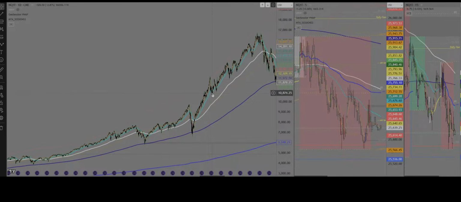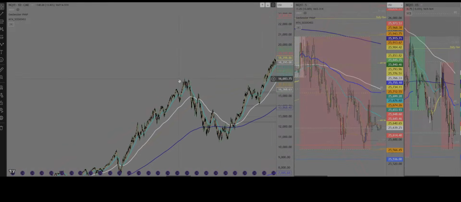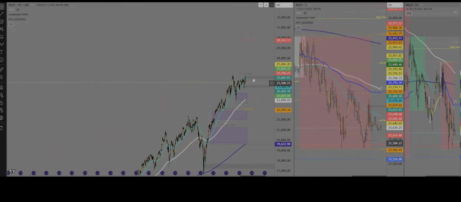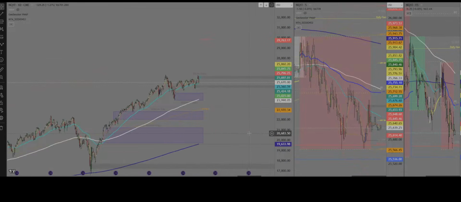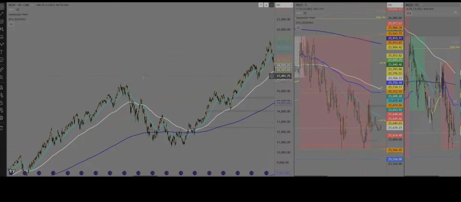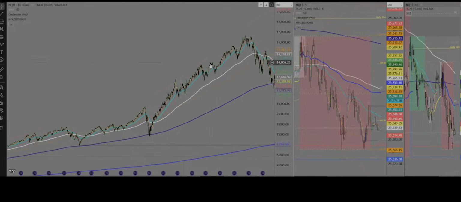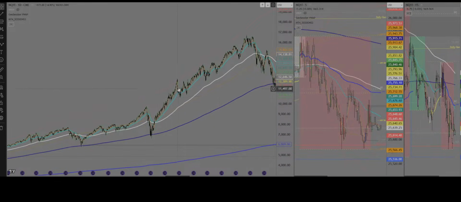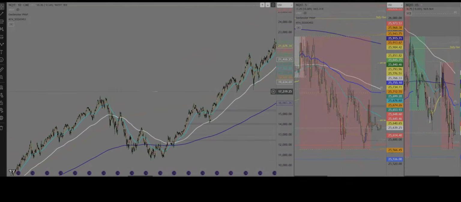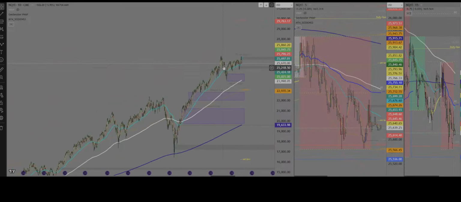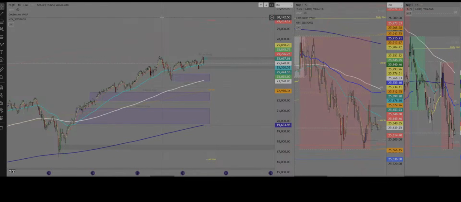Hit here, pulled back. And we're not that extended, not when you compare it to this. This was extended. This is like, you just buy the long every day. It's crazy.